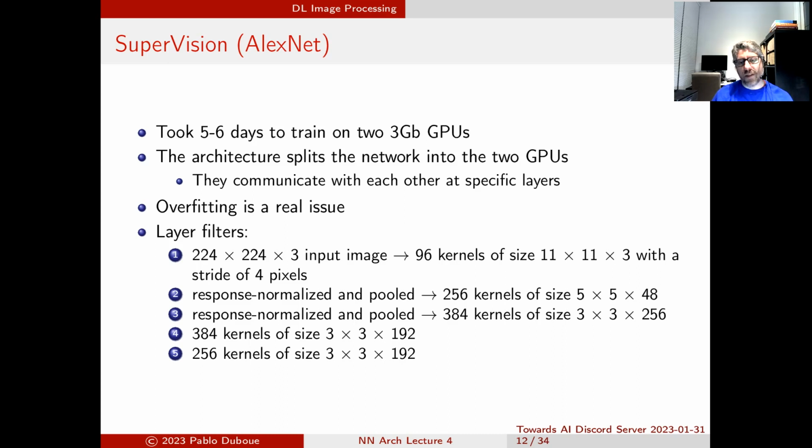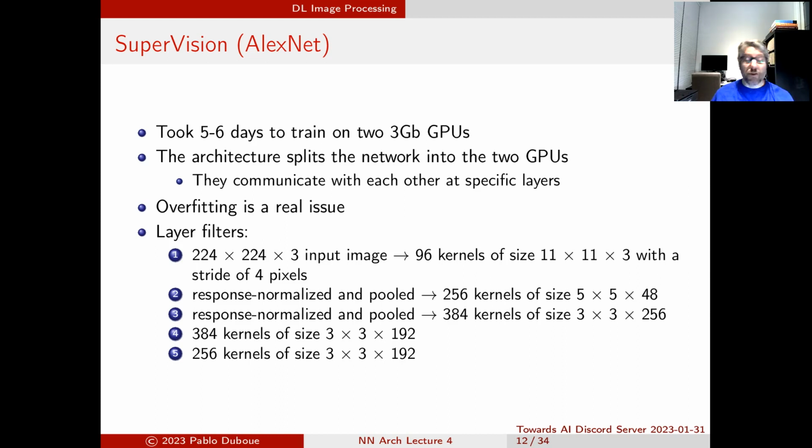The architecture splits the network into these 2 GPUs that communicate with each other at a specific layer. In the first lecture, we discussed how GPUs, memories, and architecture sometimes modify the architecture. This is a very, very specific case. And in the paper itself, they even discuss how the 2 GPUs produce a different understanding of the data, with one GPU focusing more on directions and the other on colors, for example.